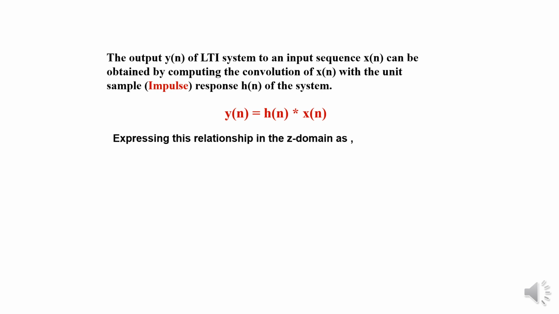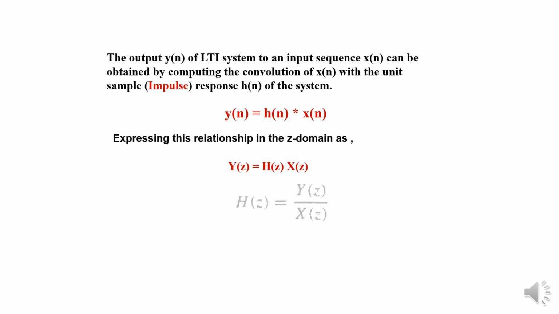If we express this relationship in the z domain, it will be like this. As I have previously told you, convolution converts to multiplication, so Y(z) equals H(z) multiplied by X(z).